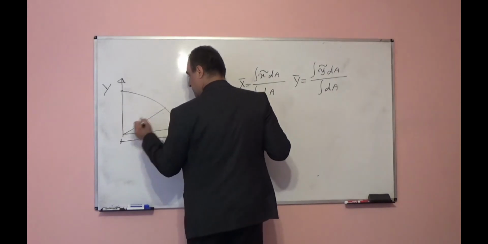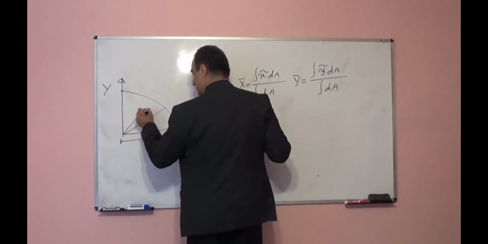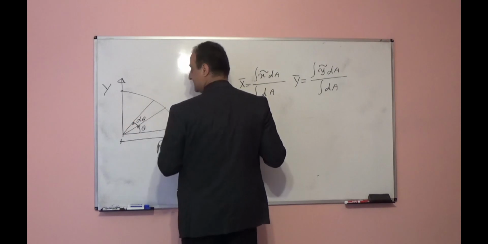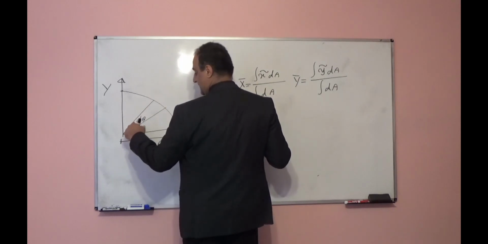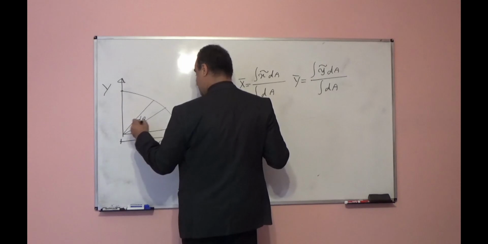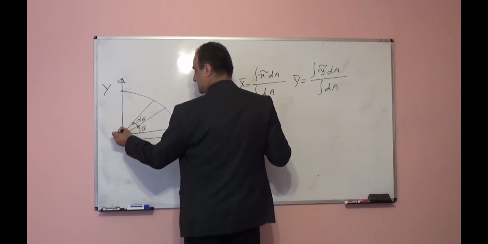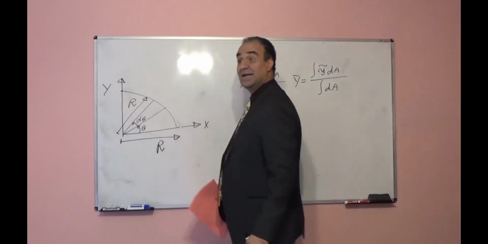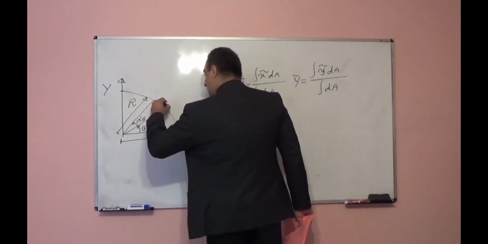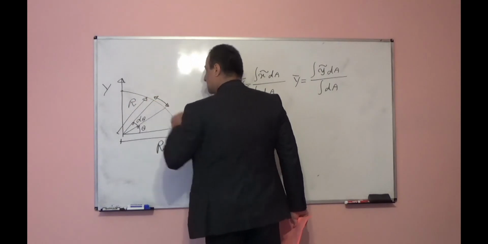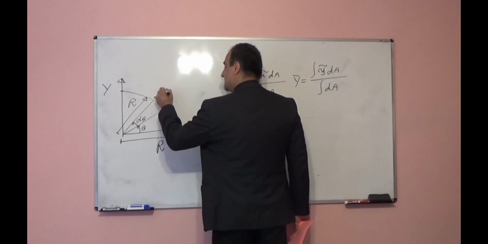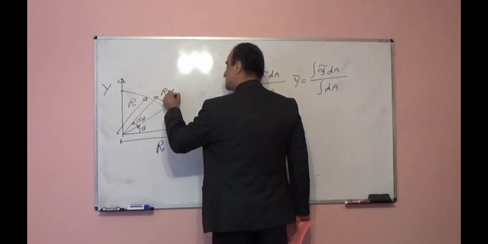I assume a small element in the angle direction. This angle is theta, and this angle is d theta. So a small element means a small angle d theta. The radius from here to here is the total r, and the length of this arc, because it is a small element, will be radius r times d theta.